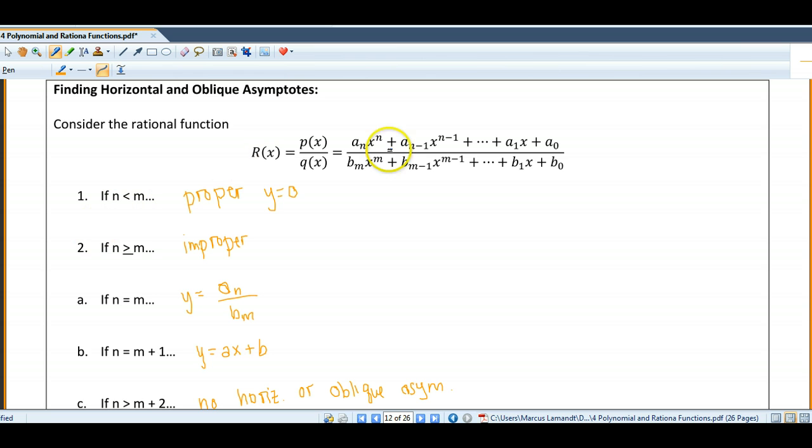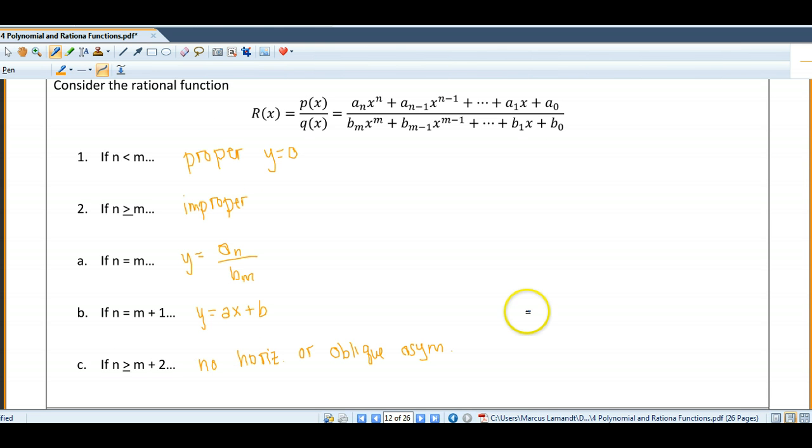Alright. If the power of the numerator, in this case n, is less than the power of the denominator, in this case m, then the rational function is proper, and y equals 0 is a horizontal asymptote. Okay, so anytime this degree is less than this degree, y equals 0 is your horizontal asymptote. If they are the same, or if n is bigger than m, then one of these three things is the case.